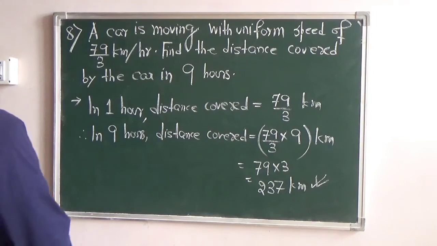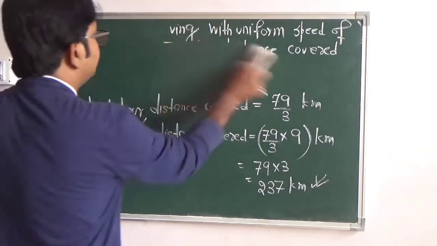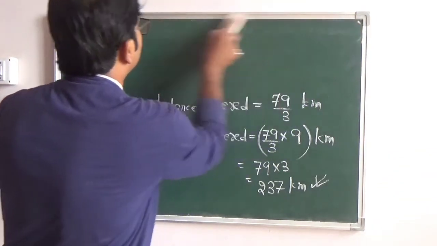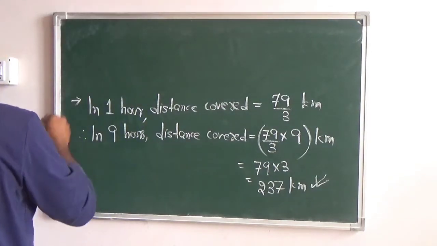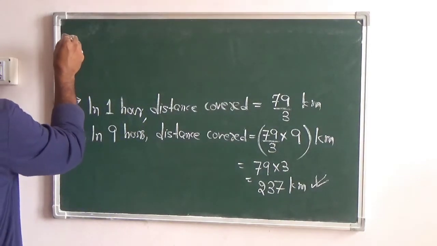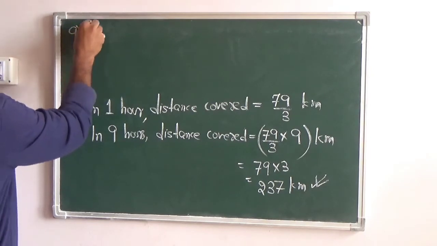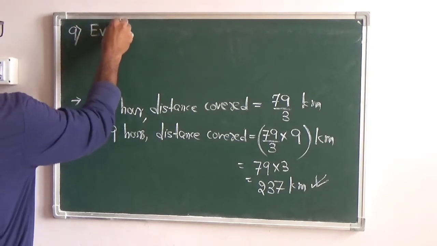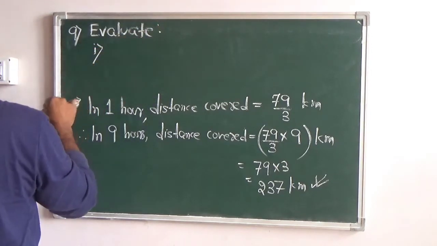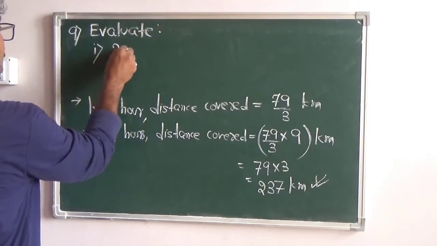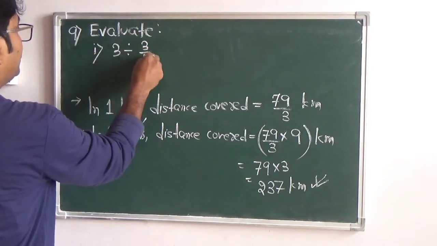We write the next question. That is question number 9. Evaluate number 1, 3 divided by 3 by 5.